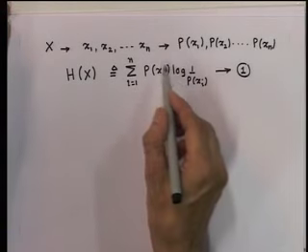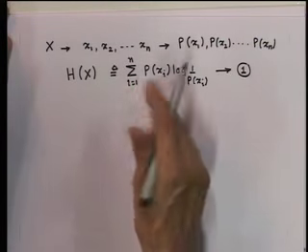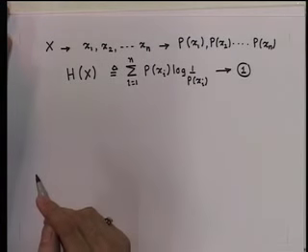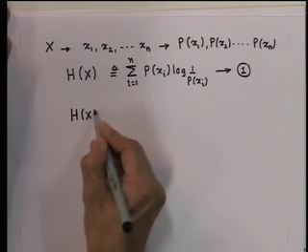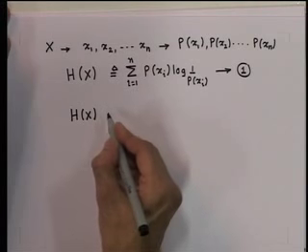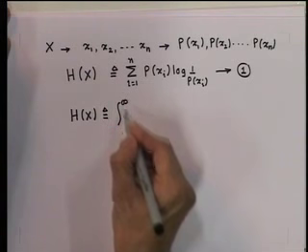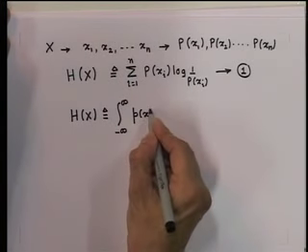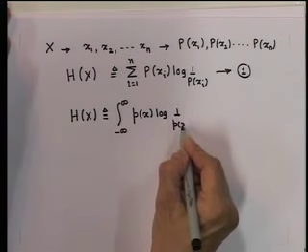Now, we can extend the definition of entropy to a continuous random variable by using the integral instead of discrete summation in equation number 1. If we do that, we can define the entropy of a continuous random variable as the integral from minus infinity to plus infinity of the PDF P(x) log of 1 by P(x).